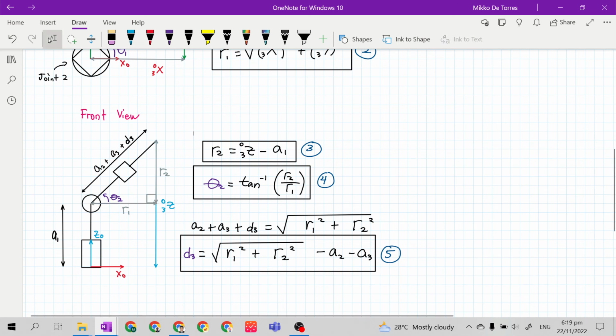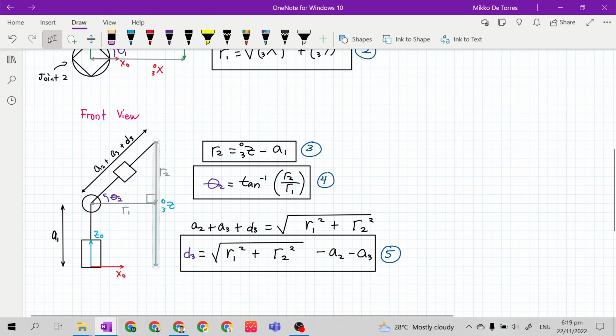Then we can now give the value for these links a2 plus a3 plus d3. Then we have here a new side which is r sub 2, so that we could get the value of it from the z03.